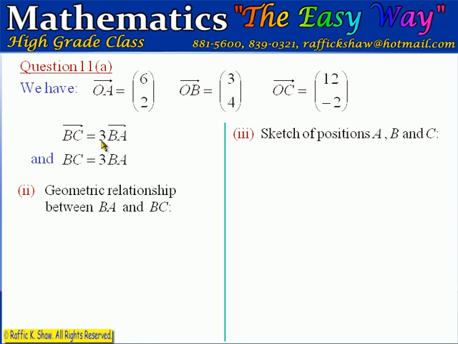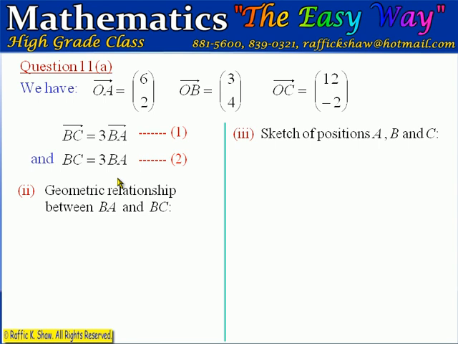Here we have a vector equation where one vector is a multiple of the next, and that means that the lines are parallel. This is a scalar equation stating that the length of BC is 3 times the length of BA. So we can use these two equations to deduce the geometric relationships between BC and BA.